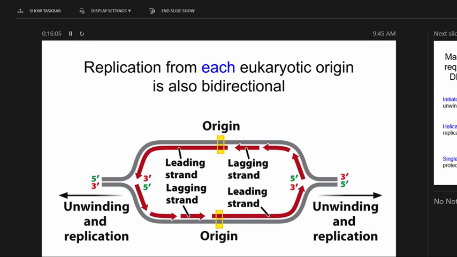Synthesis on this strand has to take place from left to right, and this replication fork is also unwinding from left to right. So you can see that synthesis is going this way, and it can keep going continuously as more and more template DNA gets unwound, right?